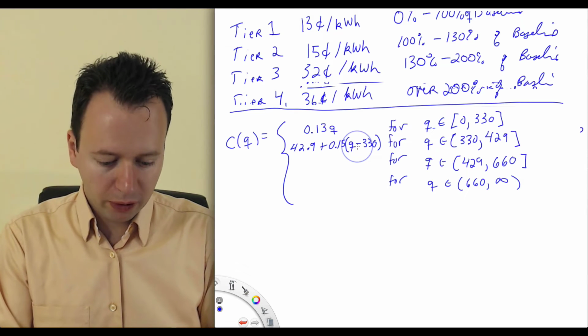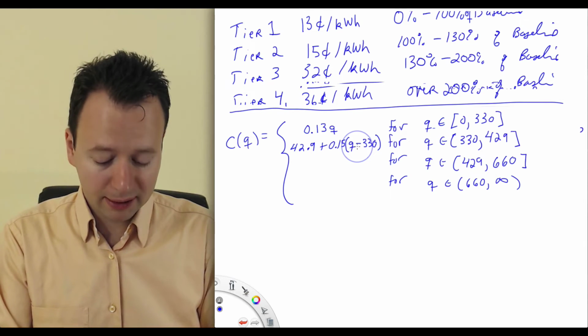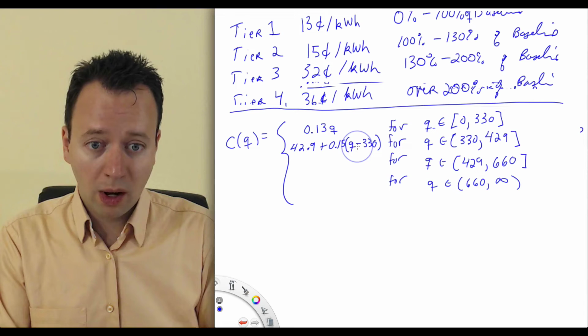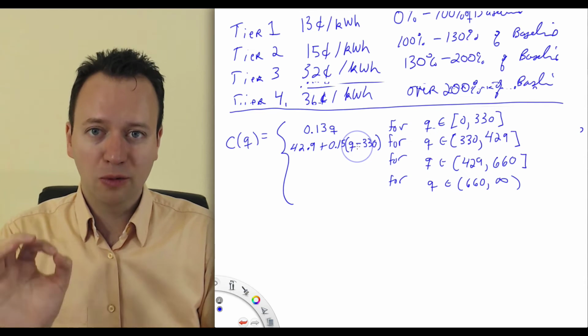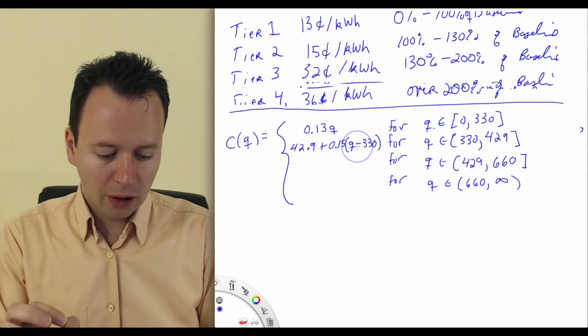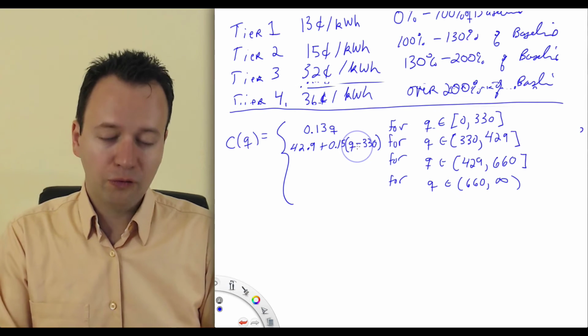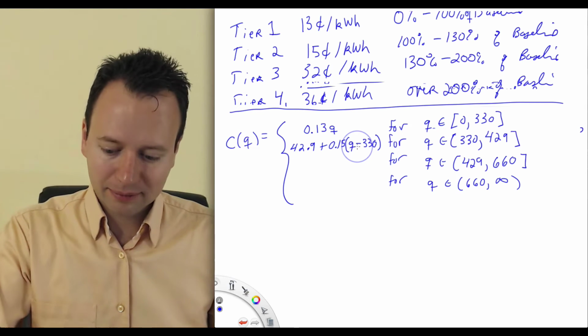So it's going to equal $42.90 plus 0.15 times the quantity 429 minus 330. So that's 99 kilowatt hours above baseline. And the charge is $141.90.